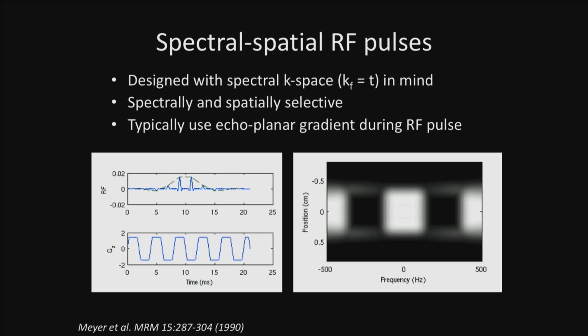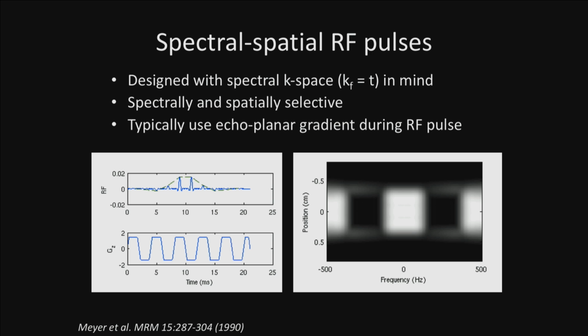So this would be a typical spectral-spatial pulse design, and these are designed with both their spatial and spectral components in consideration. I'm going to show this type of picture a few times here, where we have position versus frequency. We want to select for some specific slice in our object, and we want to have some sort of selectivity in frequency here as well.